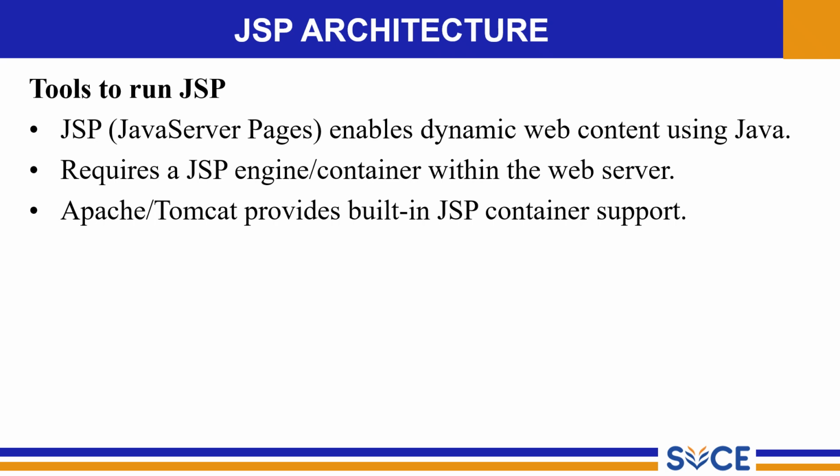Popular servers like Apache Tomcat include a built-in JSP container, making deployment easy for developers. Tomcat automatically converts JSP files into servlets and manages their lifecycle efficiently. This combination of Java's power with the server-managed execution makes JSP a widely used choice for building scalable and dynamic web applications.